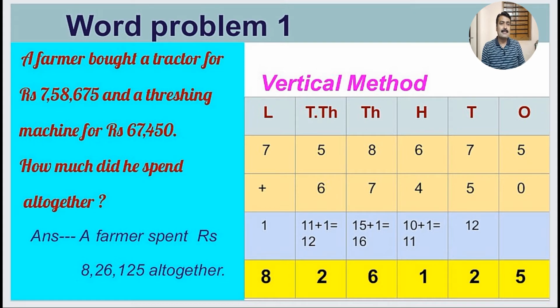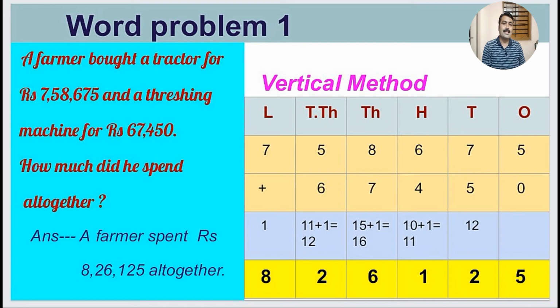So here I am making 6 columns: starting from ones, second tens, third hundreds, fourth thousands, fifth ten thousands, and sixth it will be lakh. Now we arrange the bigger number, that is the price or cost of the tractor, 7,58,675. While arranging that number, let's pay attention to how we can arrange it.